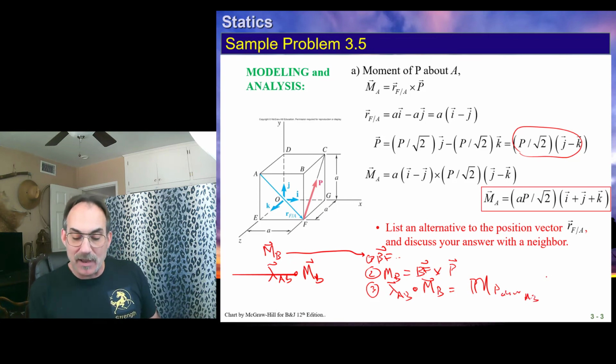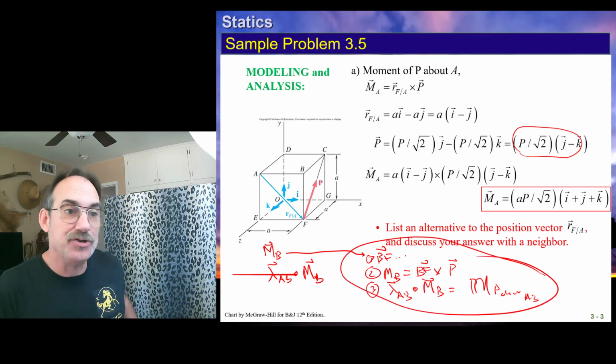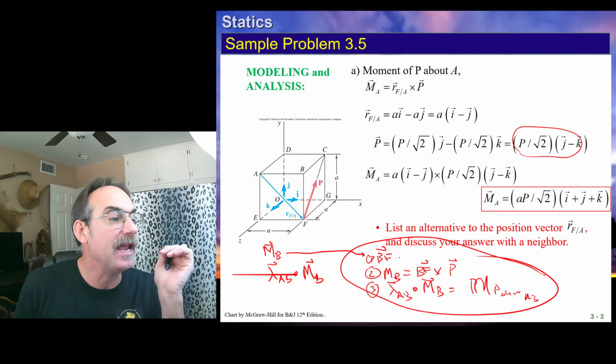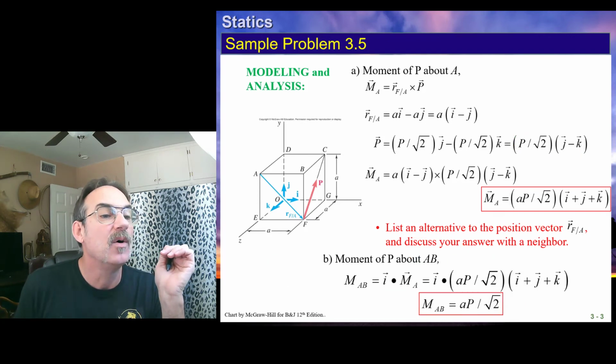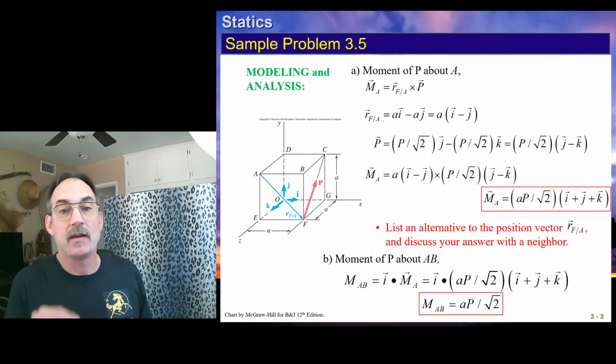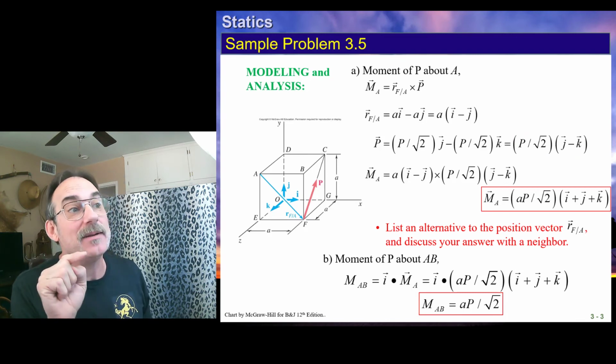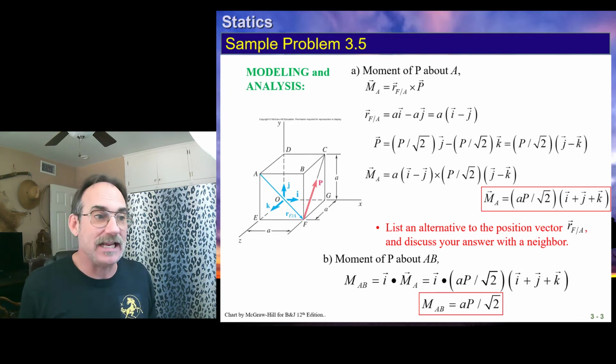I recommend you try that, and you should be able to match the exact same answer that we saw in part A, which was right here. Once you've done that, you've got it, and you're ready to move to the next part, part C.